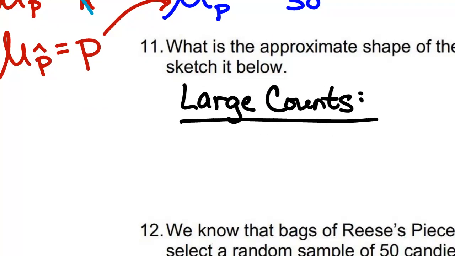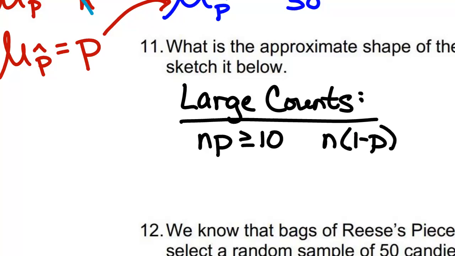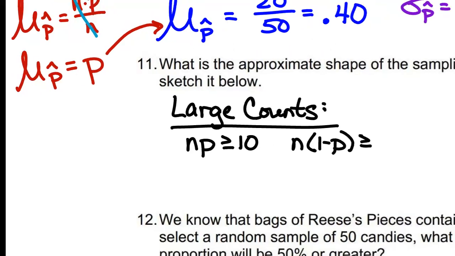What did we do before? Yeah. N times p has to be greater than or equal to 10, and n times 1 minus p has to be greater than or equal to 10.